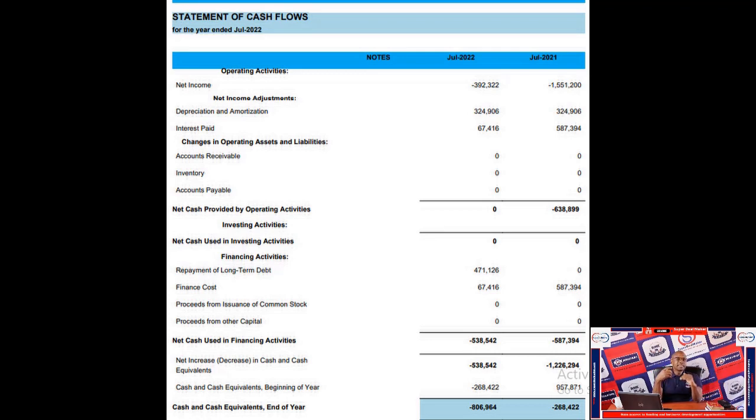So if your inventory balance from the last reporting period to the current reporting period is increasing, it means you are producing stock that you are not selling. So you are spending money to produce that stock, but you are not selling the stock. It means the money is going out of the business.